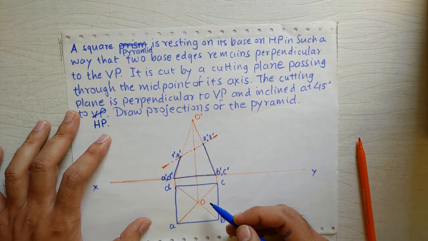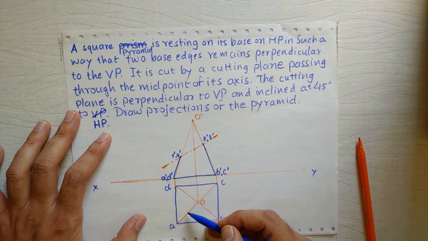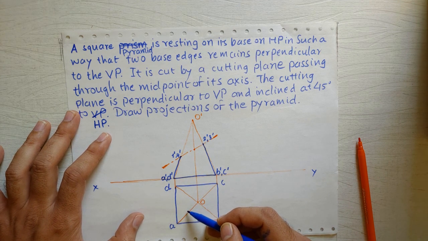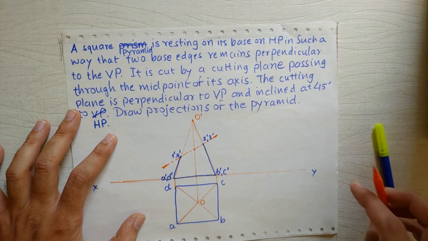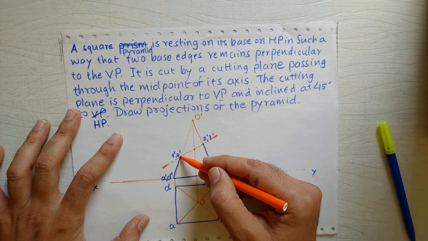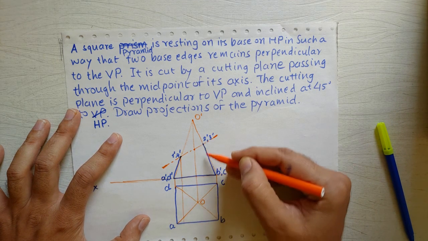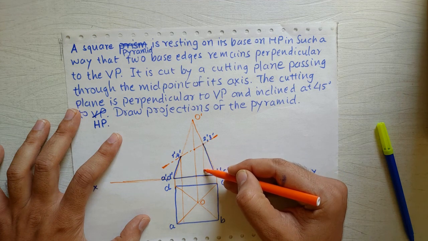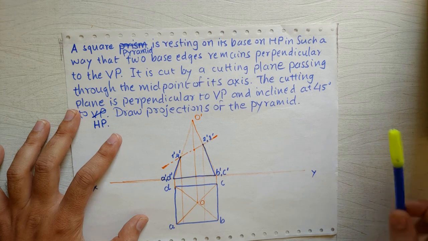Now to complete the top view, I have to transfer these points to the top view, right? So what we need to do is we have to just take projections from these points. So we will take projection from this point and projection from this point, right?